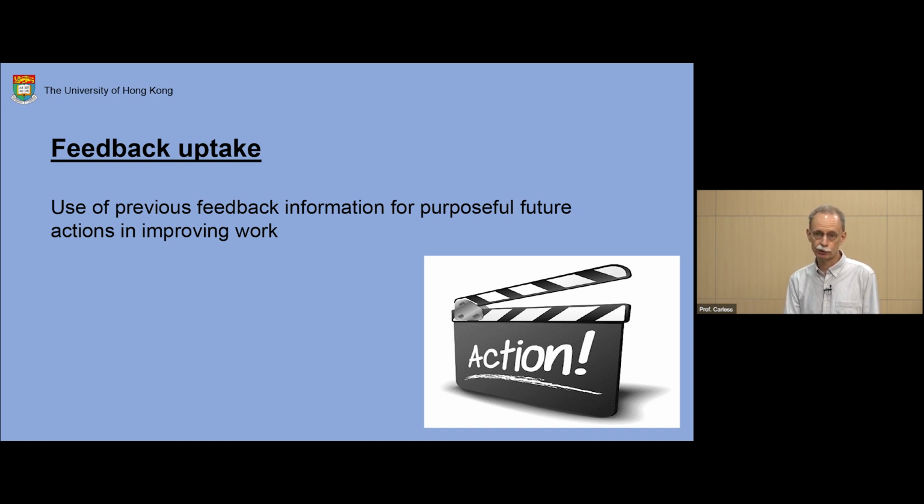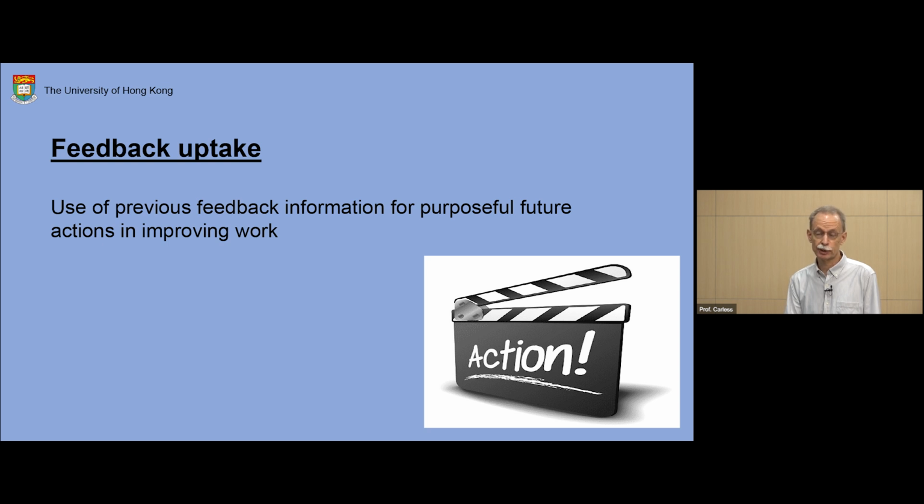But if we look at the literature over the last 20 years or so, we'll see that student surveys and evidence from the literature tells us that actually feedback uptake is a challenging undertaking. And there are various reasons for this. Sometimes the feedback comes too late at the end of semesters.